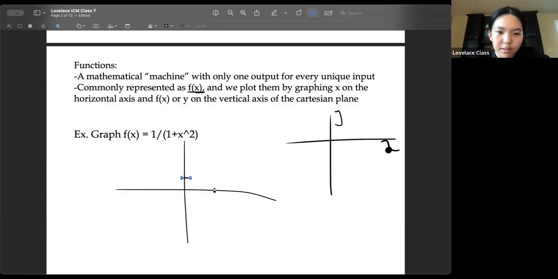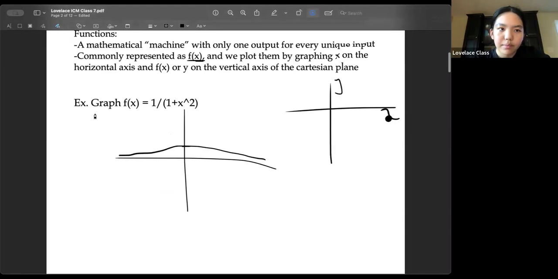Because the denominator is increasing. And as we take negative values of x, the function also decreases. However, because there's an x squared, the denominator is always going to be positive because x squared is positive. So we're going to have some function that looks like this, right?